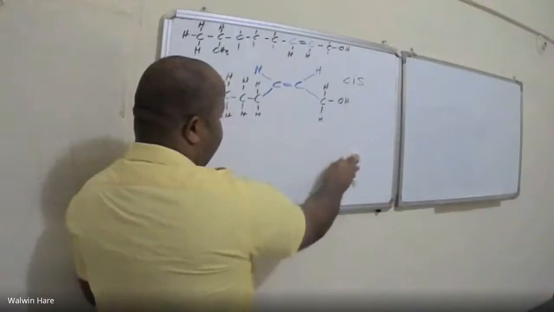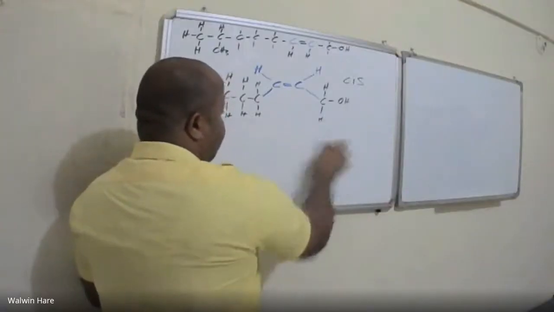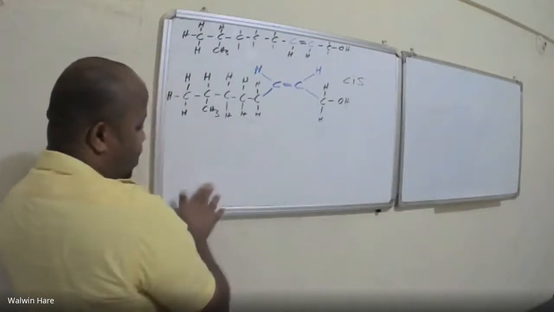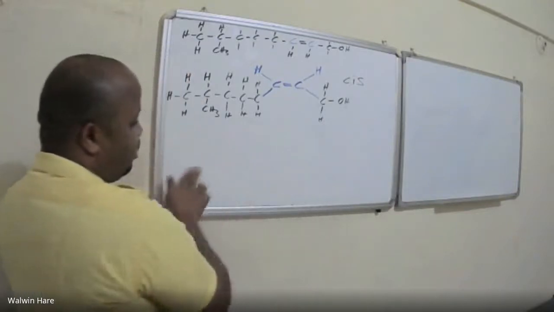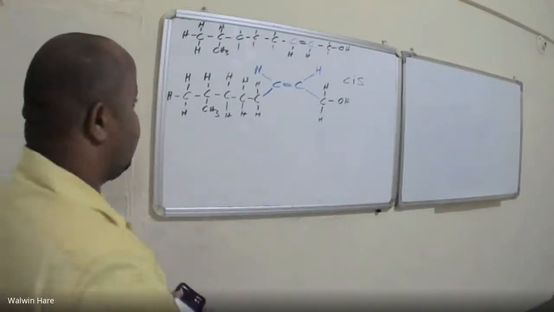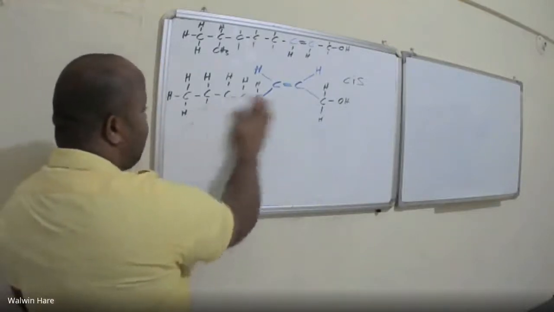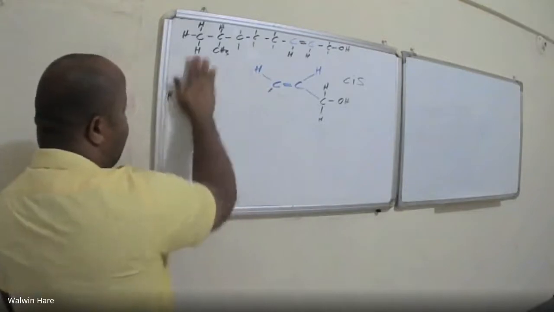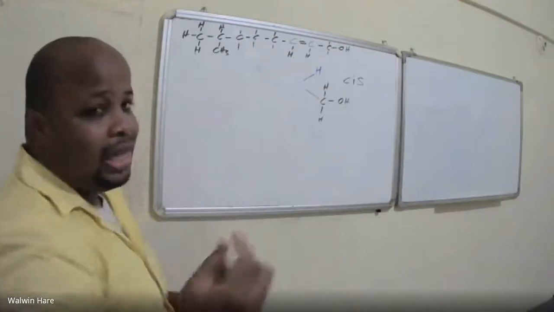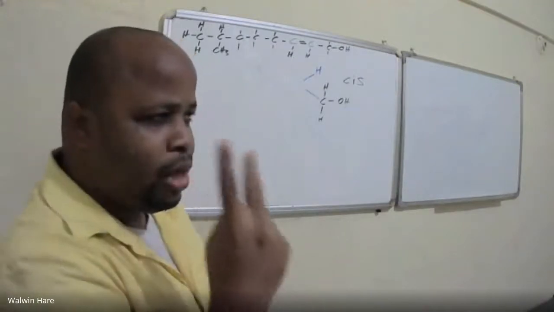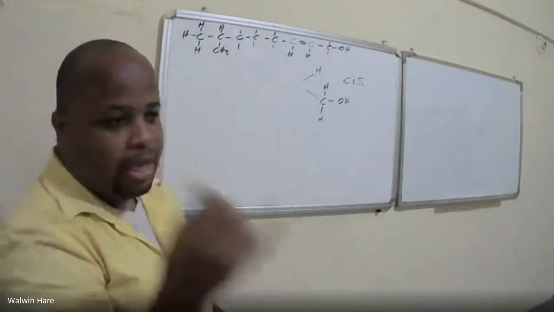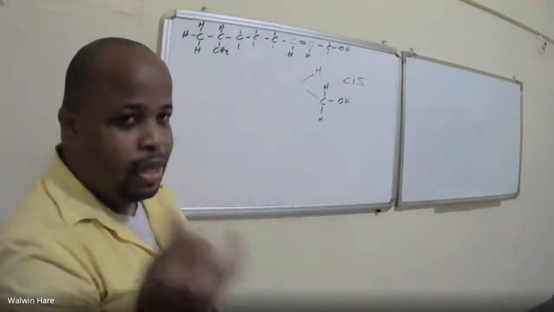So cracking is the breakdown of large saturated hydrocarbons. And we know the saturated hydrocarbons are alkanes, right? Into smaller saturated hydrocarbons as well as what? So when you crack an alkane, you must always get 2 homologous series. Smaller alkanes and what else?